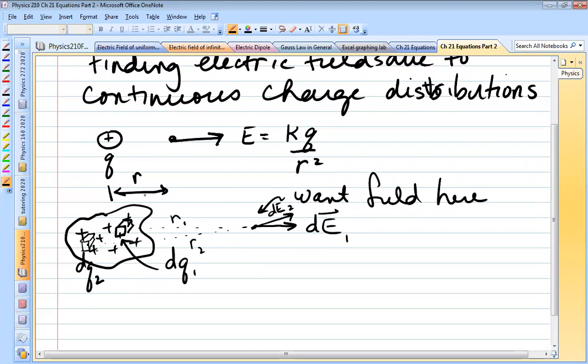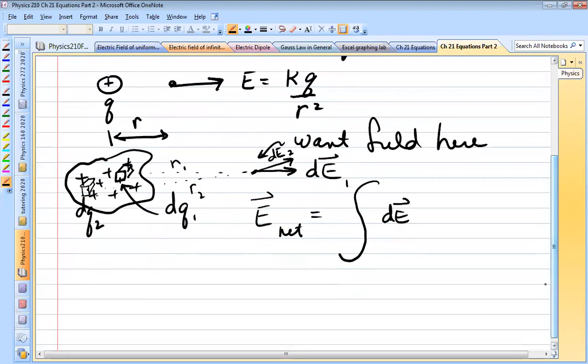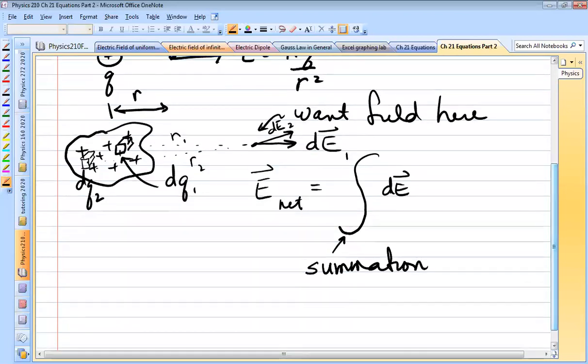You continue this such that the net field is the summation of all the little bits of field. Now, this integral sign is not an accident that it looks like an S, because it means summation. You're adding up all the little dE vectors from every little bit of dq in the charge distribution.